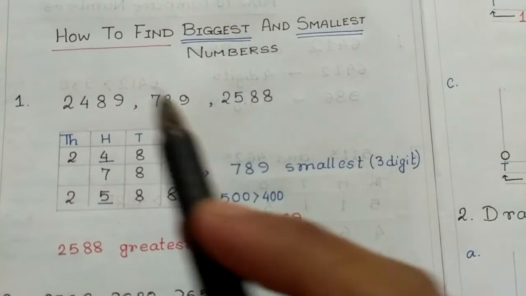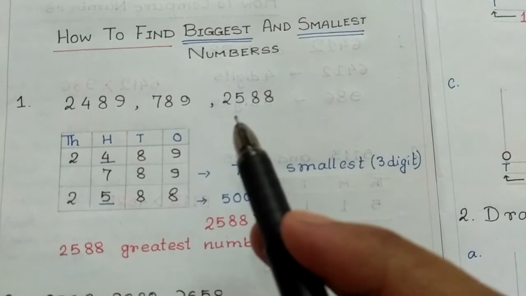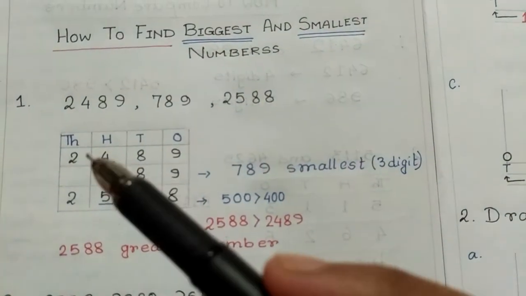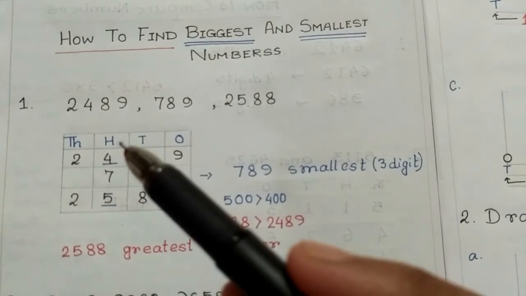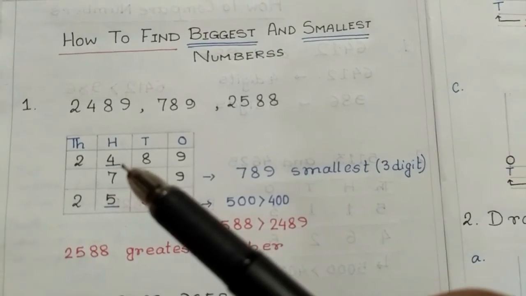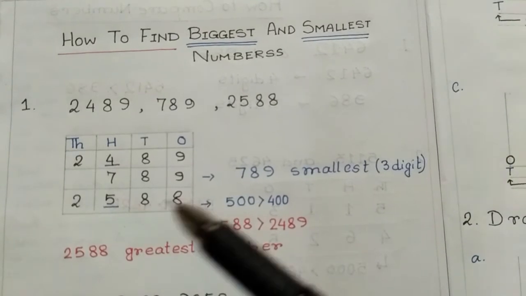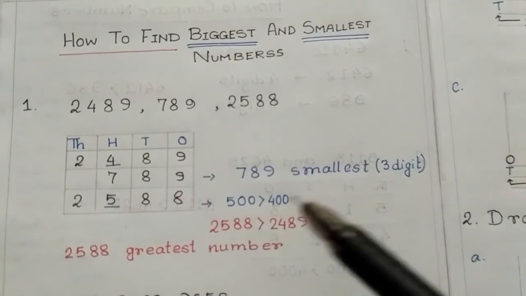And next, we have to compare between 2489 and 2588. So both are 2000. So we have to move on to the second segment of hundreds. We can see that the first number has 400 and the third one has 500. So from here we can say that 500 is greater than 400.